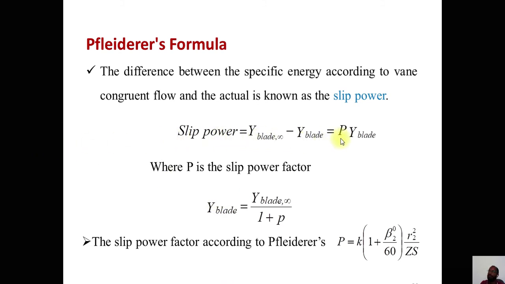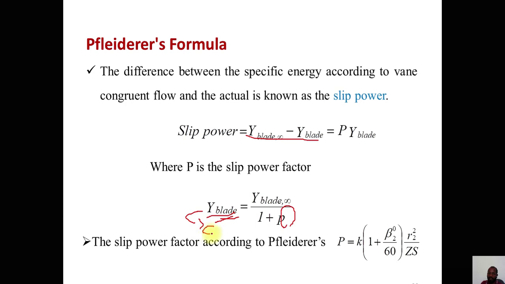Simply, slip power is the difference between inlet and outlet. And simply by rearranging from these situations, Y blade is equal to Y at infinity, simply by bringing this side. This Y blade brings to this side, Y blade infinity minus P Y blade, then simply rearrange for Y blade infinity over 1 plus P. But P is the factor, Y blade is at the actual side.